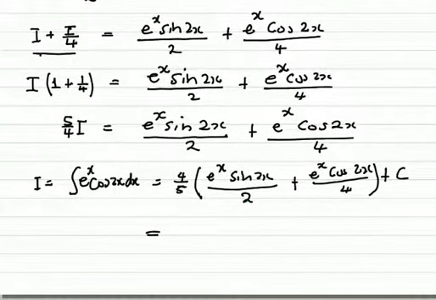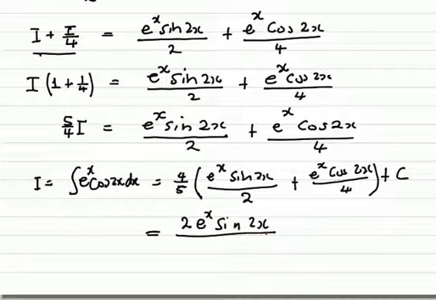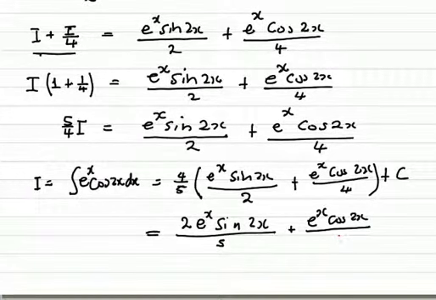This 2 and that 4 will simplify, so you get 2 e^x sine 2x all over 5, and then on this side we're going to have e to the power x cosine 2x all over 5 plus C. I hope this is correct, just double check.